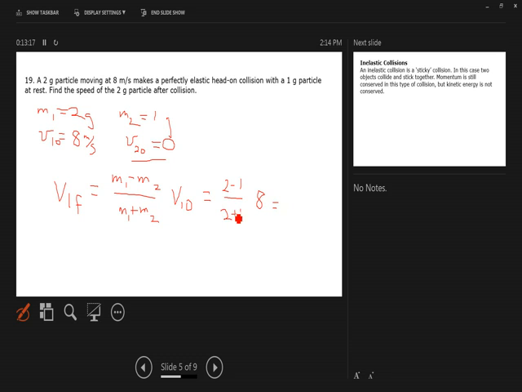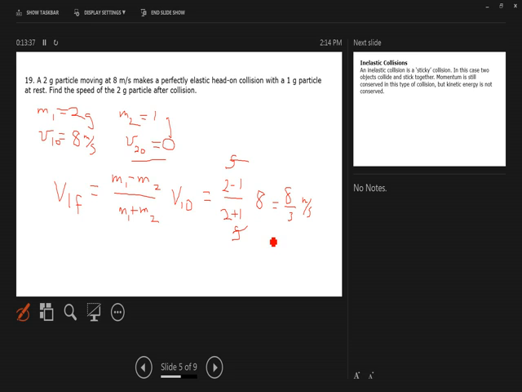Right? Looks like 8/3 meters per second. I didn't really care about the units on the mass because we had grams on top and grams on the bottom, so that canceled out. So we're pretty good there.